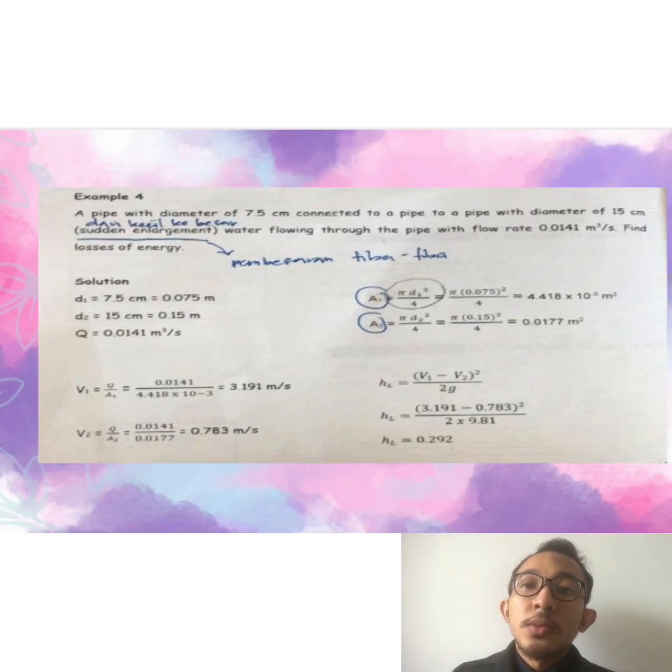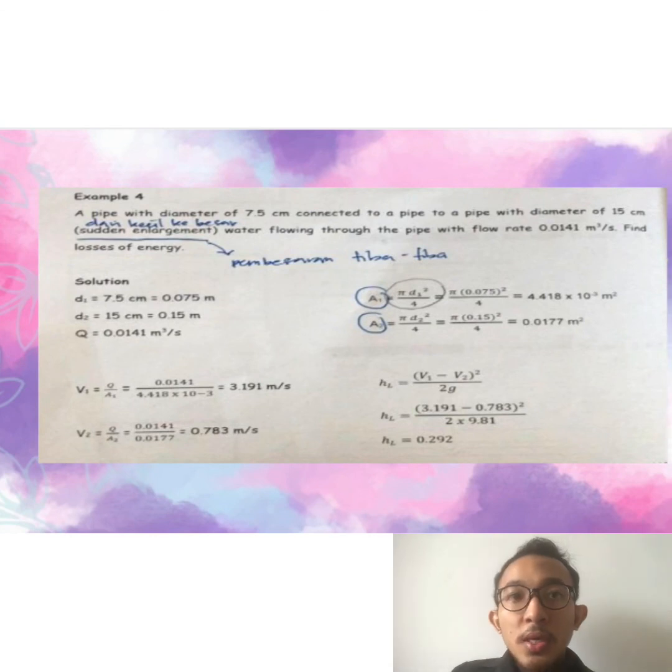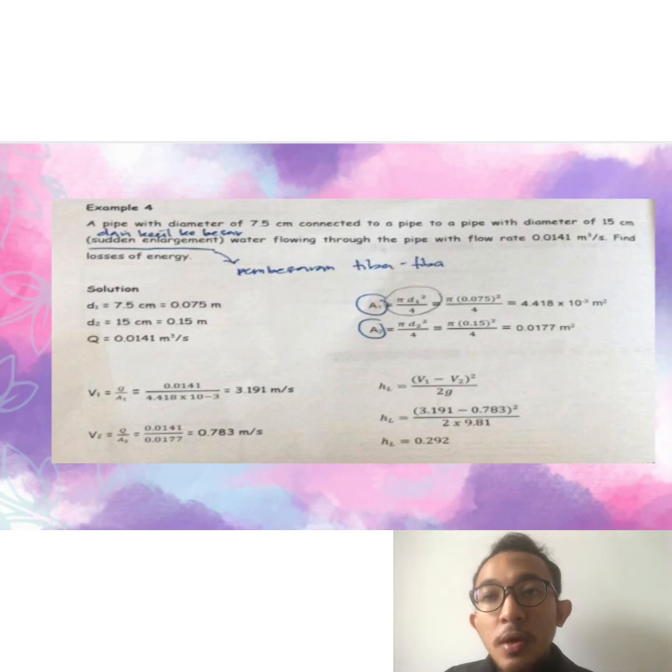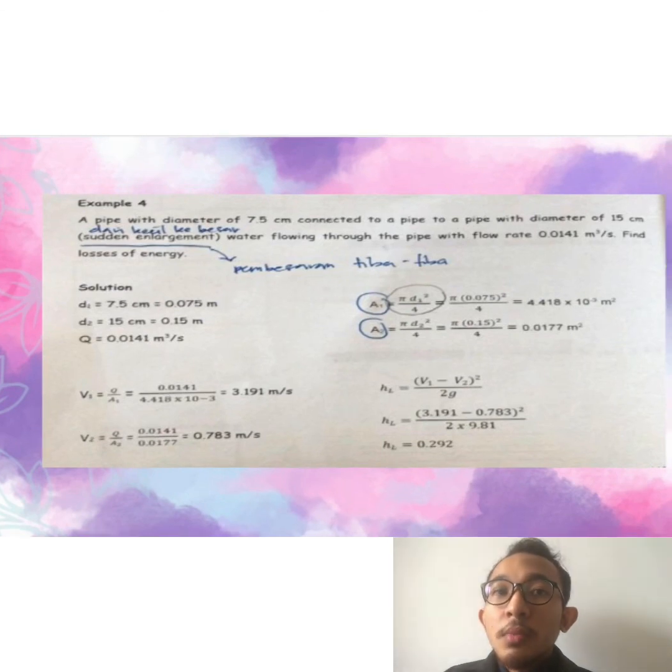To get V1 and V2, we use the formula Q per A. For V1, 0.0141 per 4.418 multiplied by 10 to the power minus 3, and we get 3.191 meter per second.